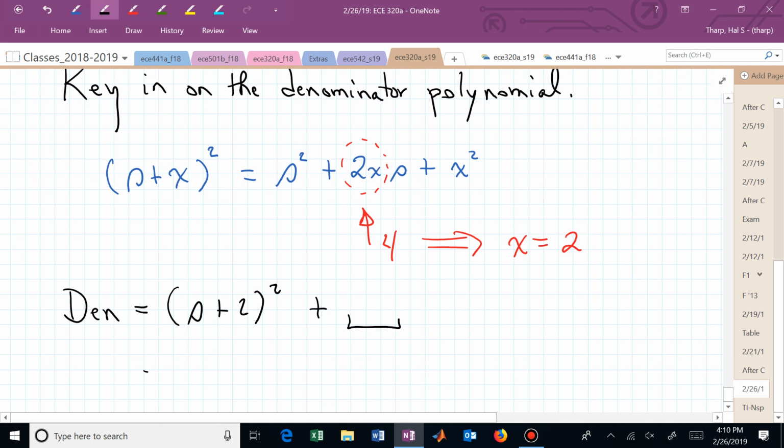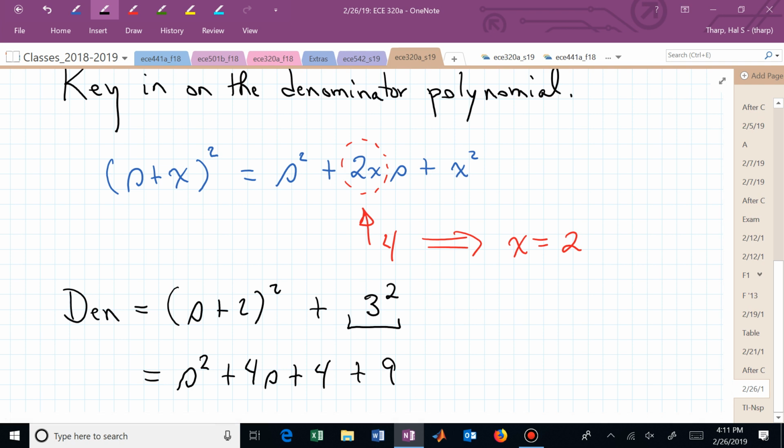In fact, this first piece is s squared plus 4s plus 4. And what do I add to 4 to get my actual constant coefficient? That was 13. So 13 minus 4 is 9. This is now plus 9, and 9 I can rewrite as a perfect square of 3. And that's where this s plus 2 quantity squared plus 3 squared came from.